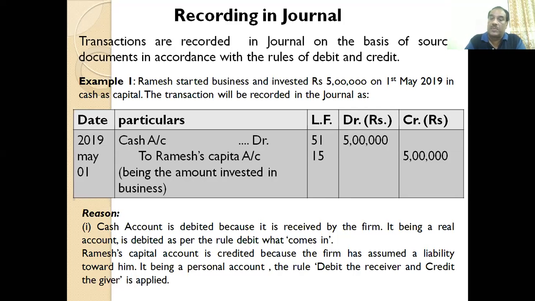It is debited as per the rule of debit, that is, what comes in. So in cash account, rupees 5 lakhs has come from Ramesh. Therefore, cash account being the real account has been debited, and Ramesh has made investment as capital.